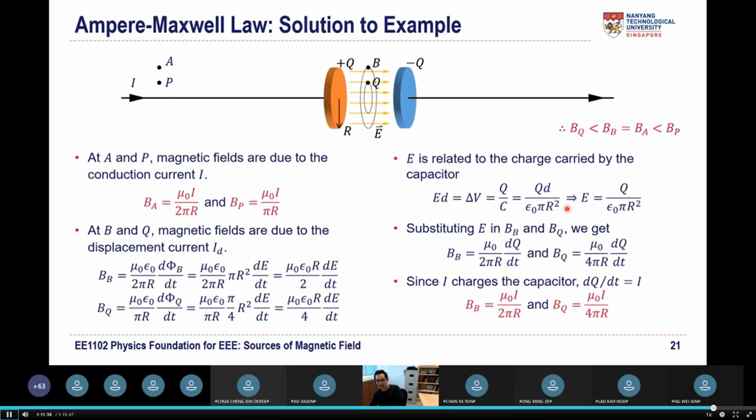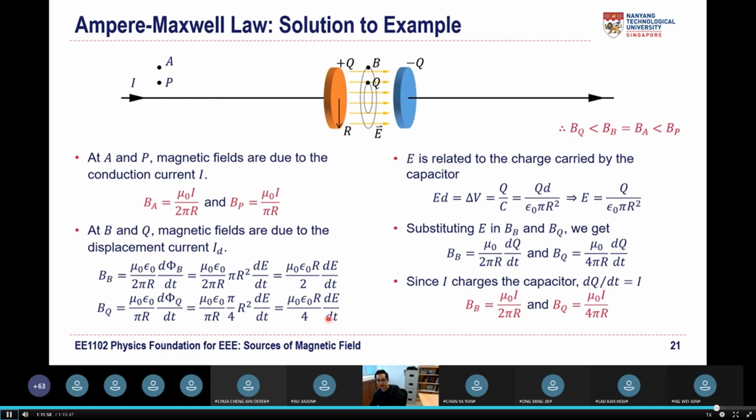And when we rearrange the whole thing, we find that E, the electric field, is going to be Q, the charge on the plate, divided by epsilon 0 pi r squared. So I can substitute this into these two expressions.